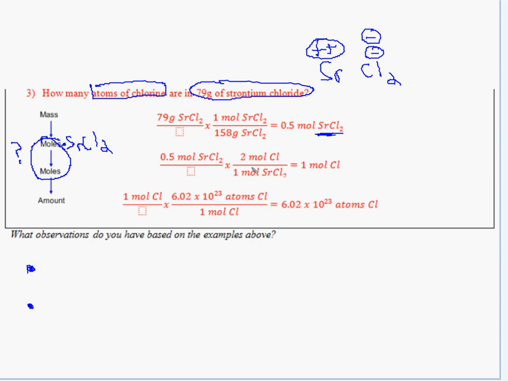In 1 mole of SrCl2, there are 2 moles of Cl. So in half a mole of SrCl2, there's 1 mole of Cl. So this second mole is just pure Cl. Then we convert to atoms using Avogadro's number, and there you go. This is the actual atoms of Cl, and this was the grams of SrCl2.